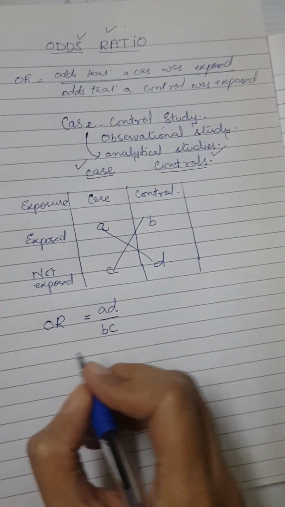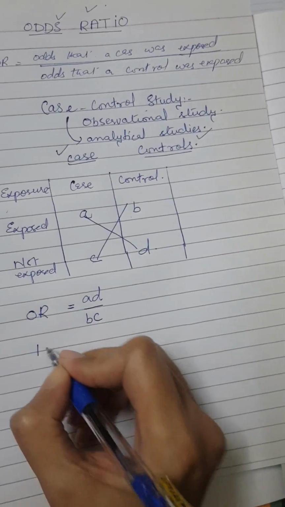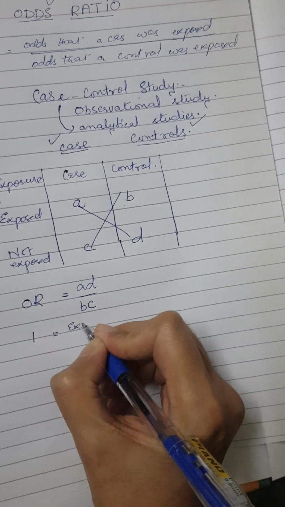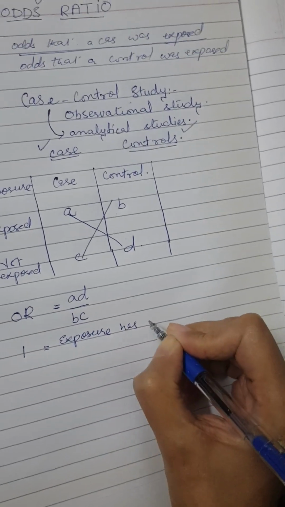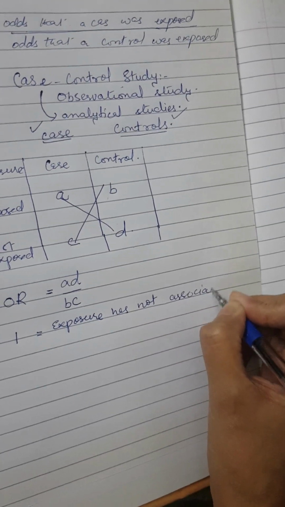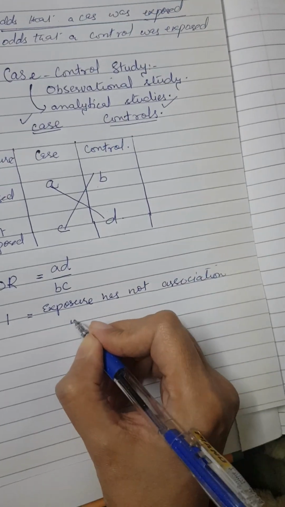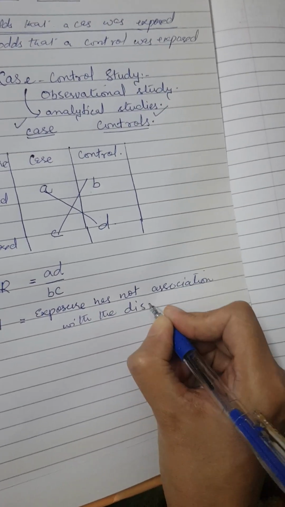So, the interpretations of odds ratio: if it is 1, which means exposure has no association with the disease.